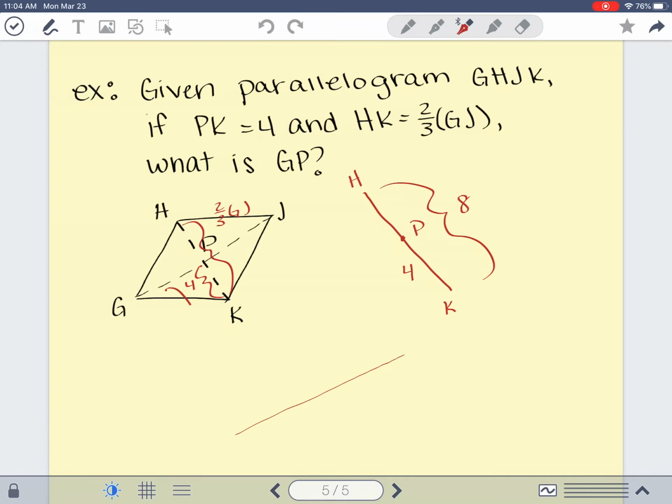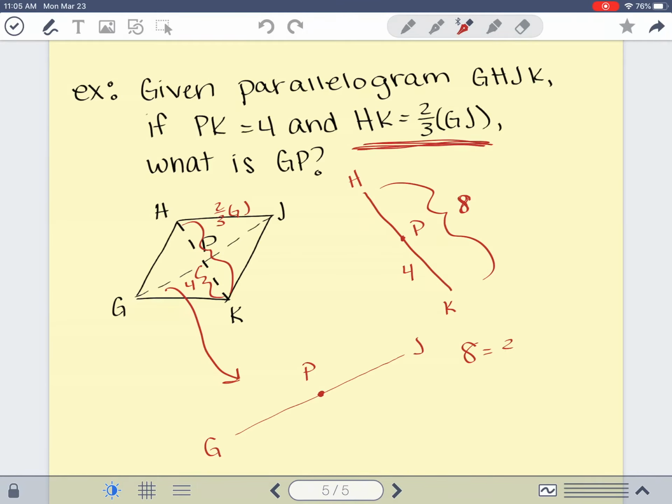So, if I'm looking over here at this other diagonal, if I have GPJ, it tells us that HK, right here it says HK is 2/3 of GJ. Well, we just found that HK was 8.